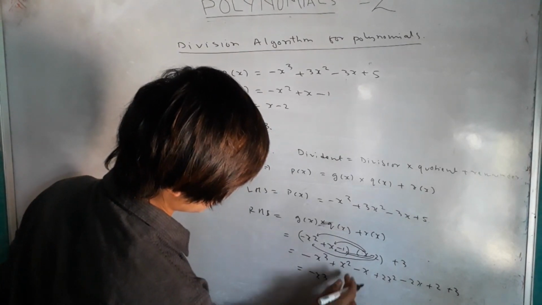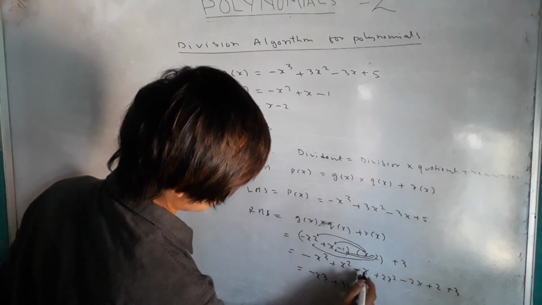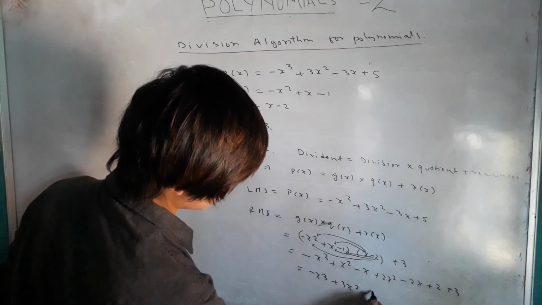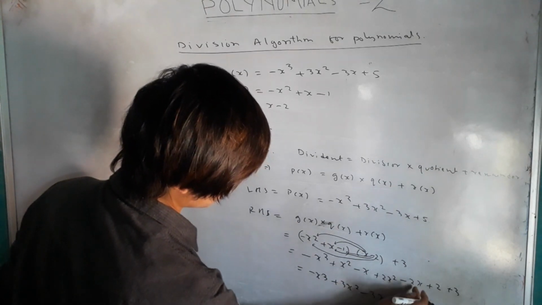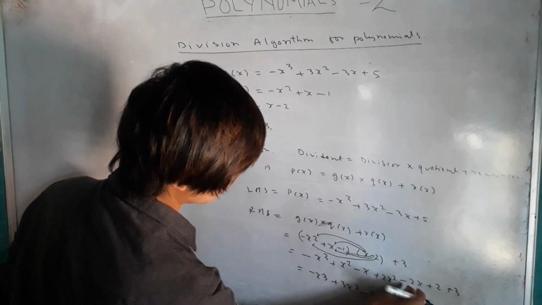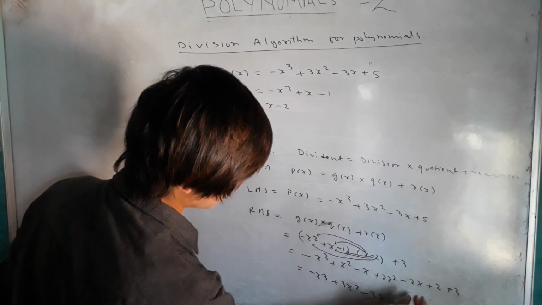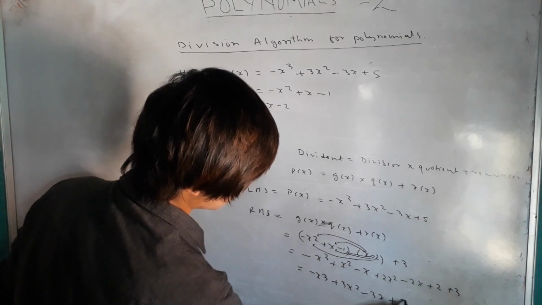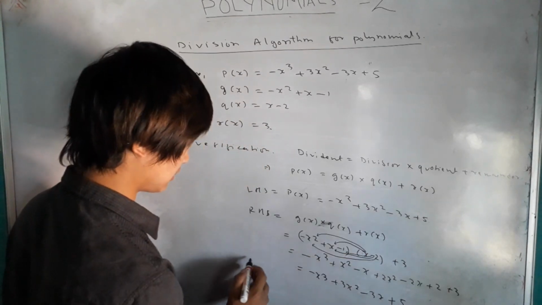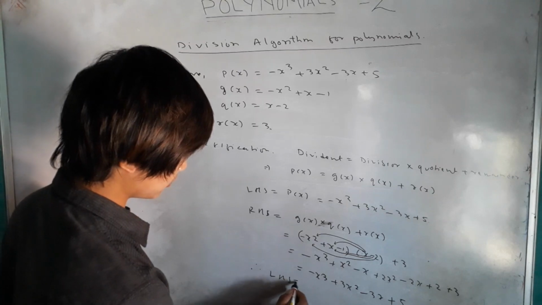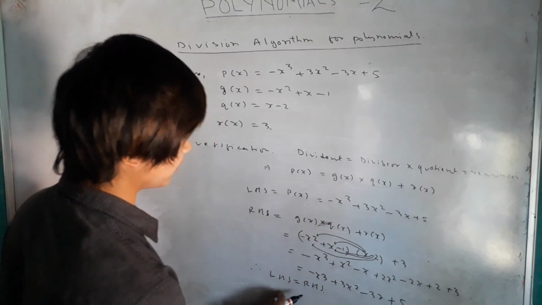Minus x cube, they are the same, so it will be 3x square. Minus into minus, it will be addition, but the bigger sign is negative, so I'll take negative, it will be 3x. Minus minus will be plus, so I will add with negative sign because the higher term is negative, plus 3 plus 2 is 5. See, left hand side and right hand side are equal, so it is verified. Since LHS equals RHS, hence verified.